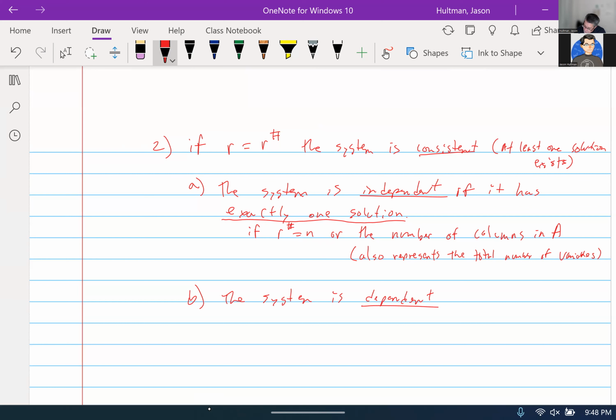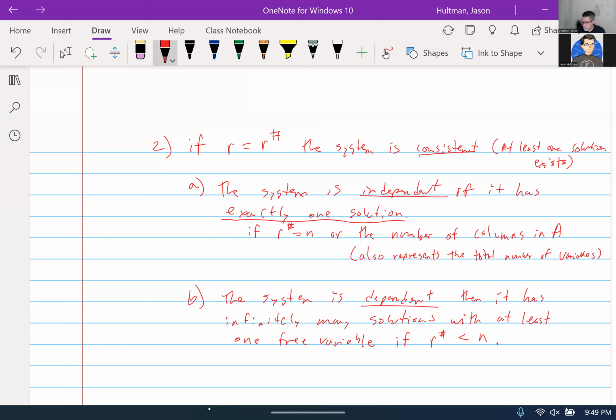That means that if the system is dependent, then it has an infinite number of solutions, or I'll say infinitely many solutions, with at least one free variable, if R pound is less than N.